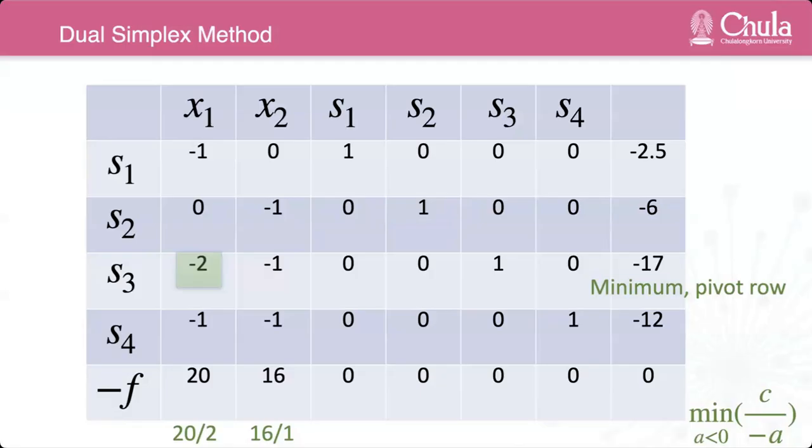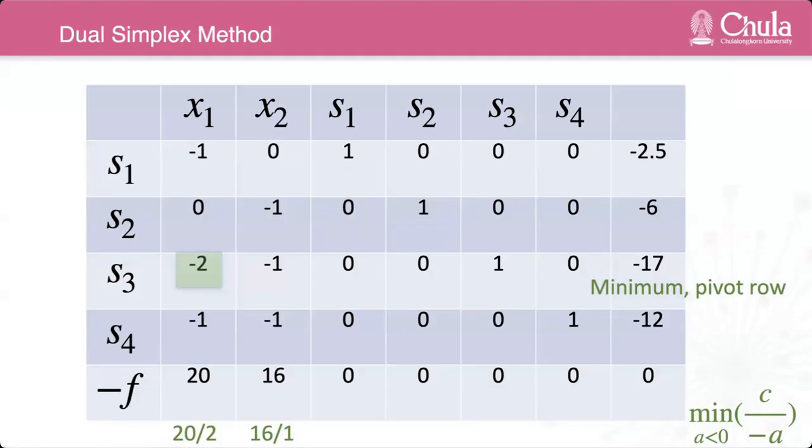Now, which column? We find the minimum of C over minus A, and A must be negative. Okay. Instead of B over A, we find C over A instead. Why is it C over A? This is C, the coefficient of the objective function, right?